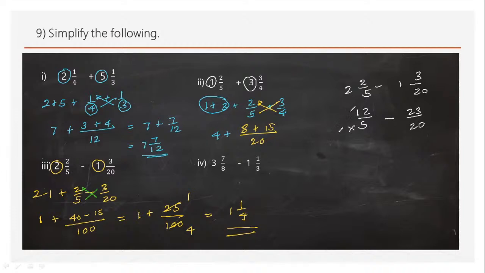This is 4, this is also by 4. 4 times 12, 48 over 20 minus 23 over 20. 48 subtract 23.